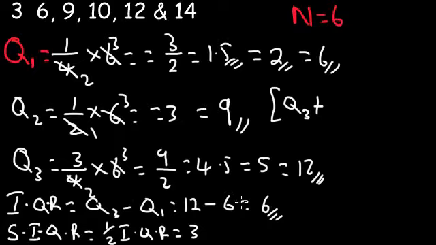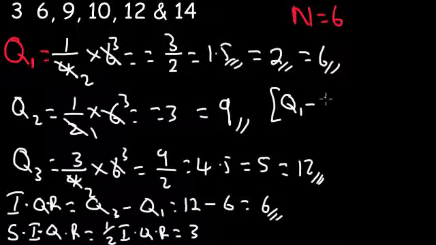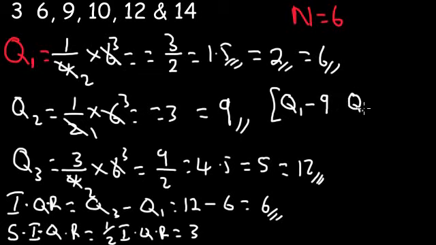IQR is 6, so 6 times 1.5 will give us 9.